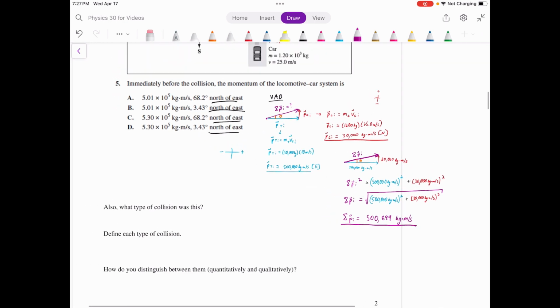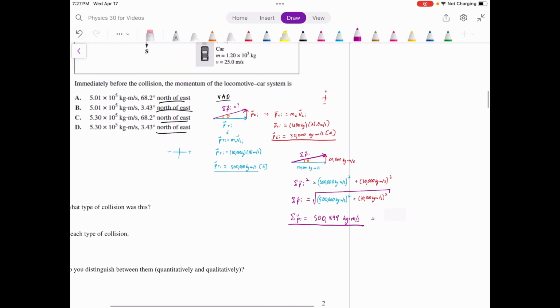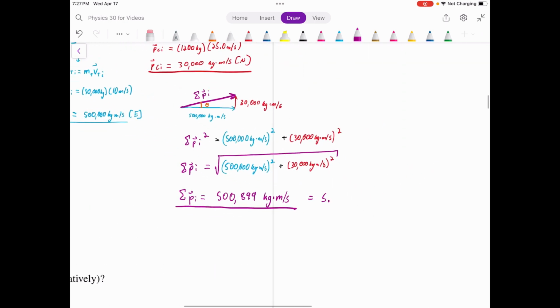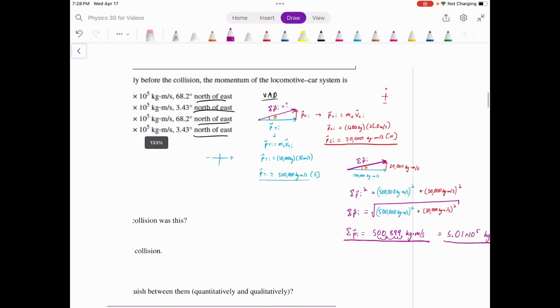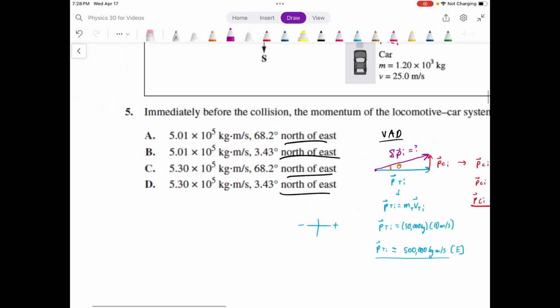Now to 3 significant digits, that would be 5.01, right? 1, 2, 3, 4, 5. 5.01 times 10 to the 5 kilogram meters per second. Okay, again, careful, that 0 gets rounded up to a 1 because it's followed by an 8. All right, so going back to our options here, we can eliminate C and D, right?